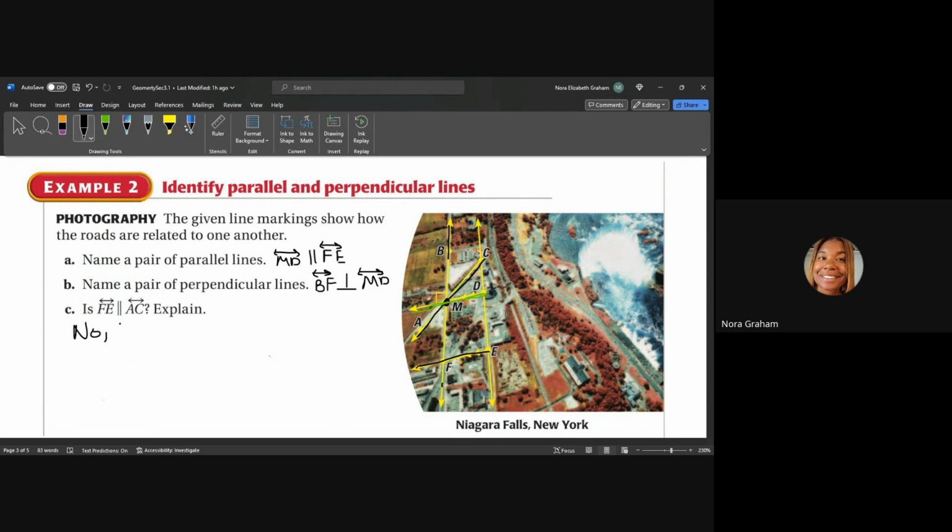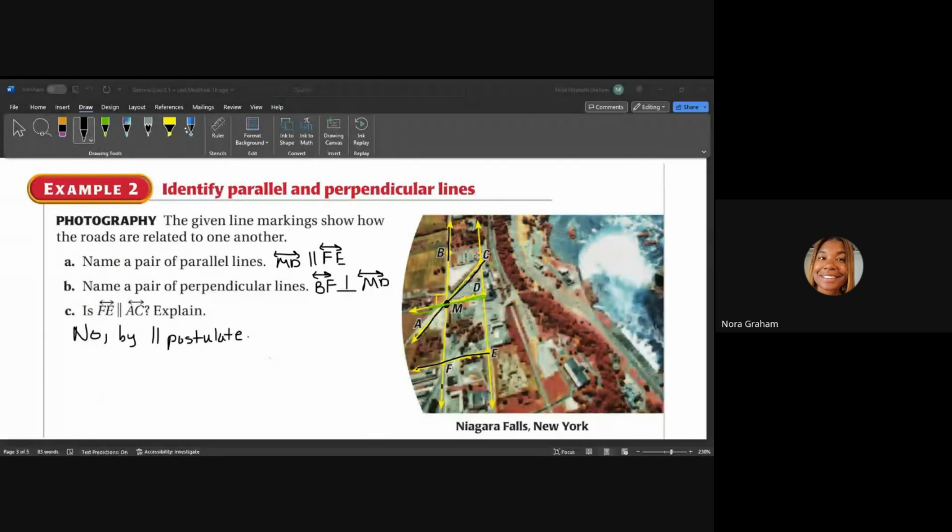So we can say, by, and I'll use the annotation for parallel, postulates. And that is why it is false. And I'll put postulate. Good. Let's take a second and look at that. Make sure that's good.